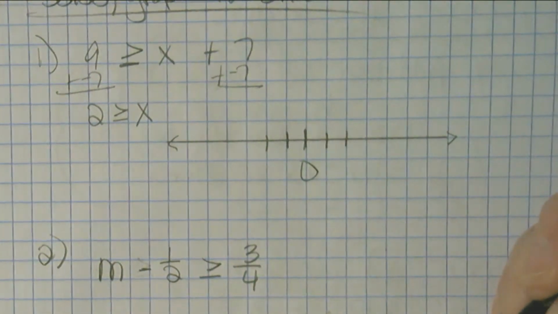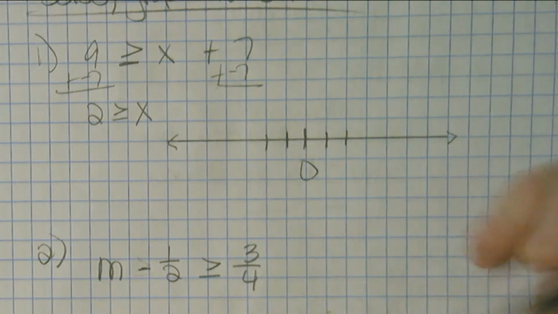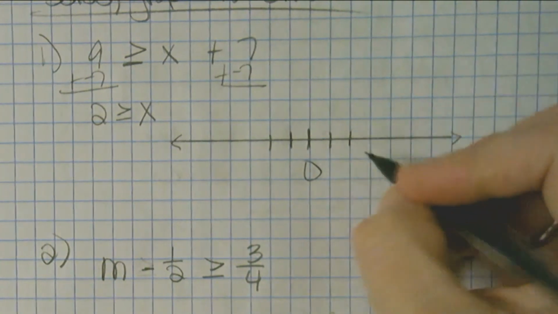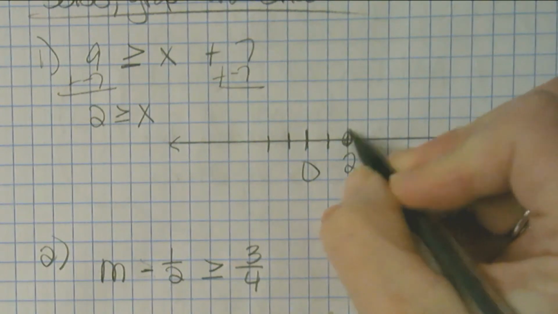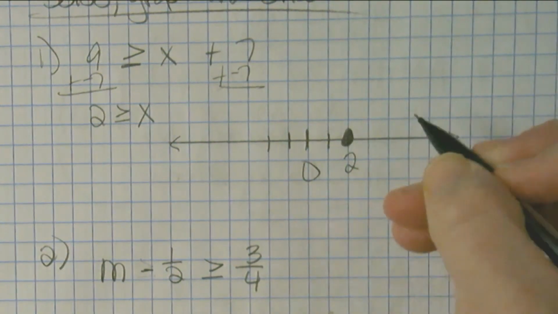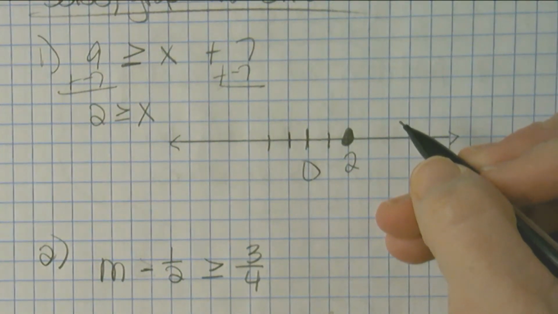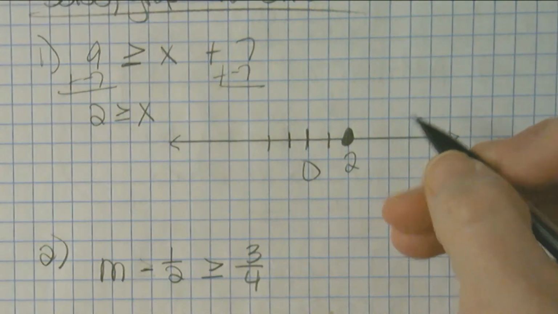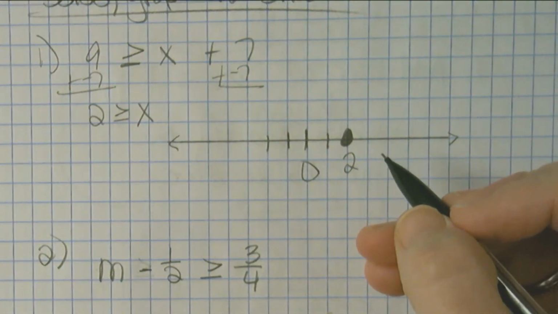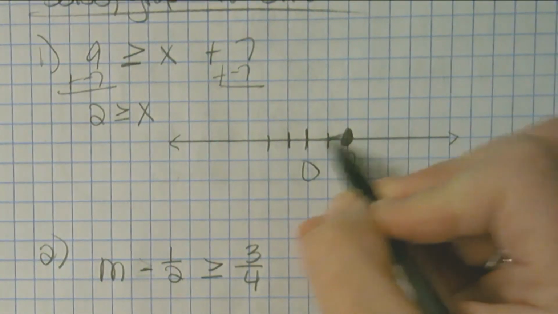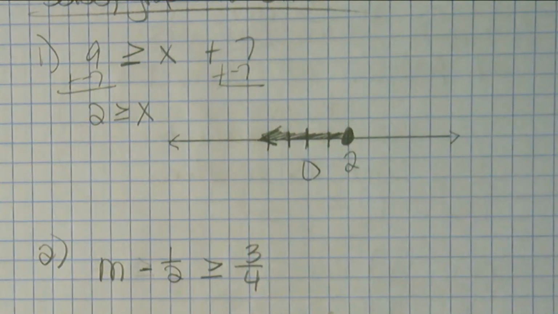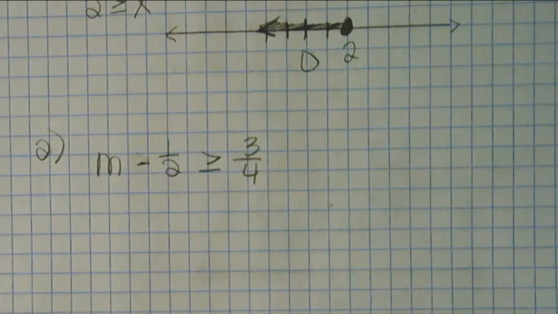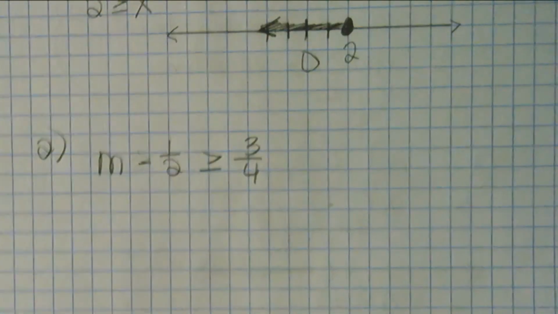So what am I going to do from here, Rafael? Awesome. Why is it closed? Yep. Nice. So my shading's going to go to the left. How many of you guys got that? Awesome. All right, somebody do my second one for me. Molly?